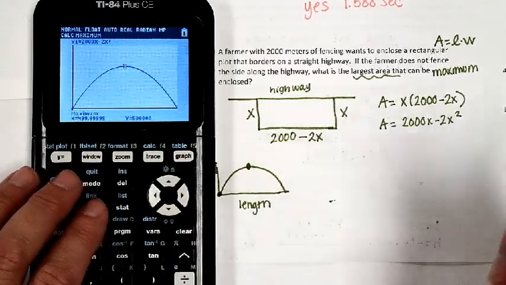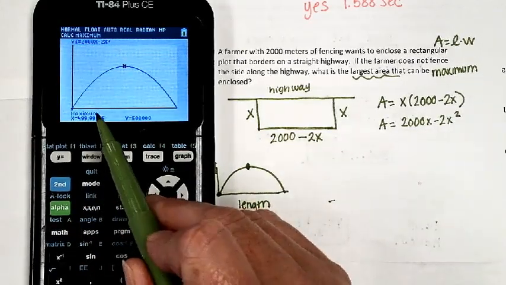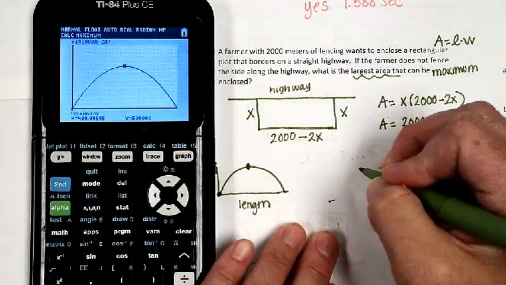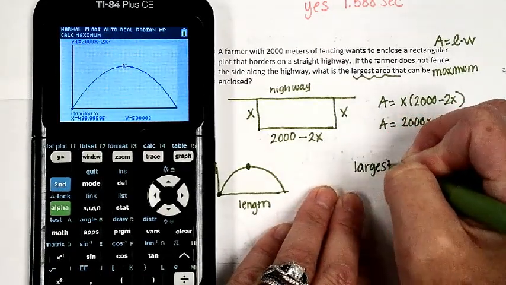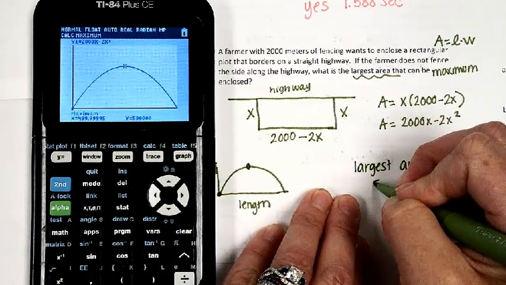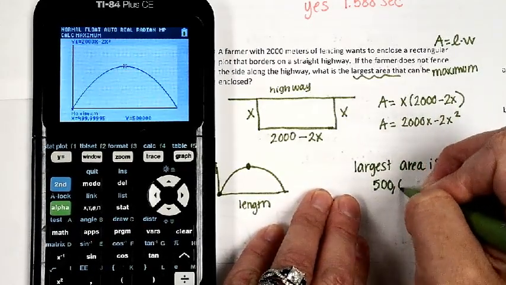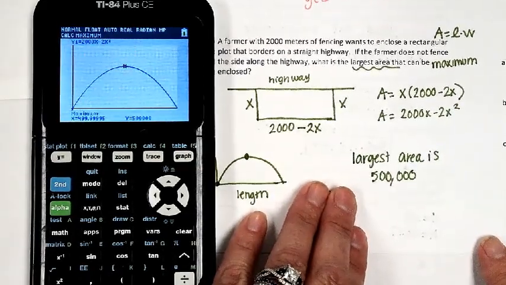So my largest area is 500,000, and we are measuring here in meters.